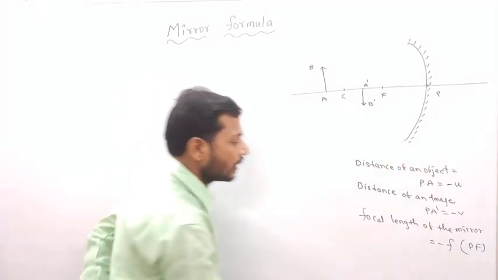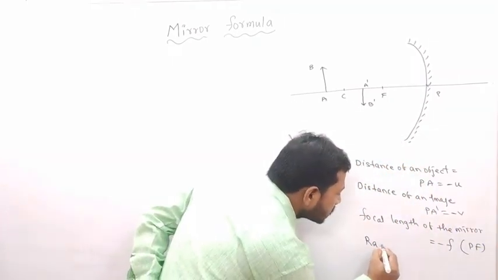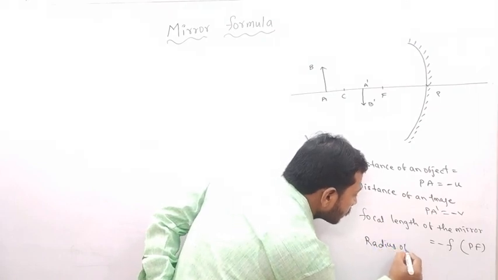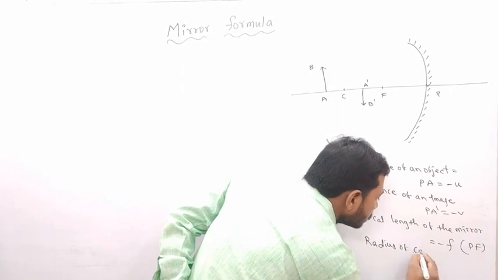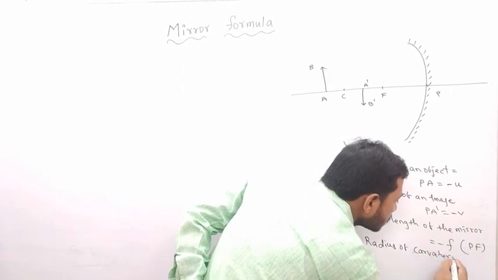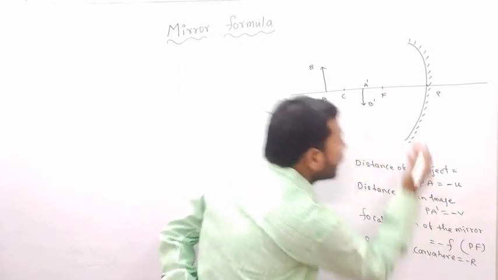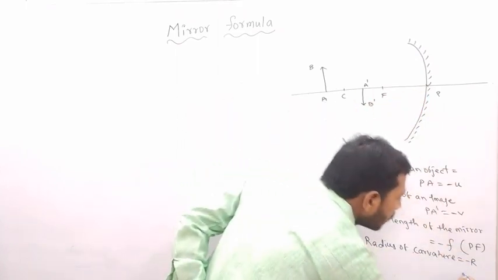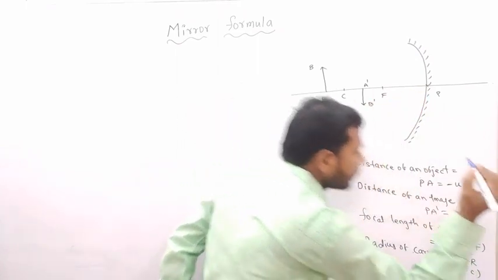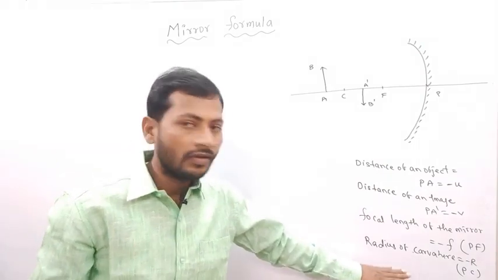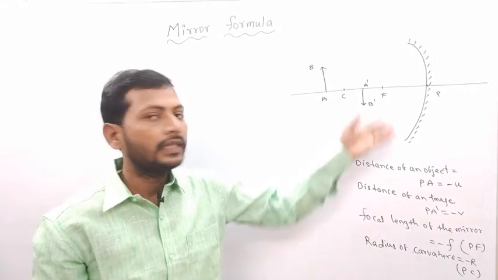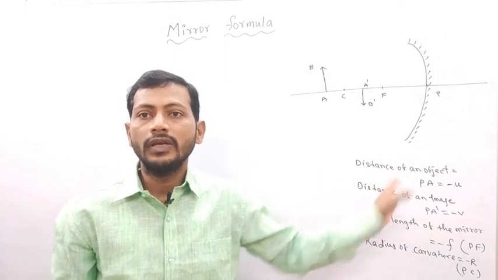Clear? The second thing is the radius of curvature, which equals minus R, from P to C. These things we know. That's why I wrote the information we require here; by seeing the diagram, this is the information we got.